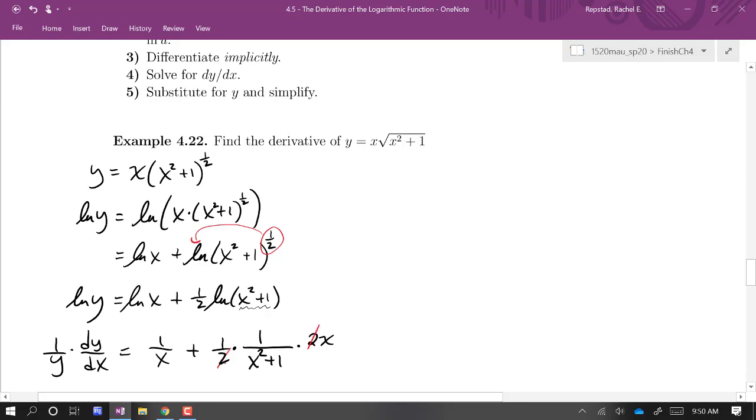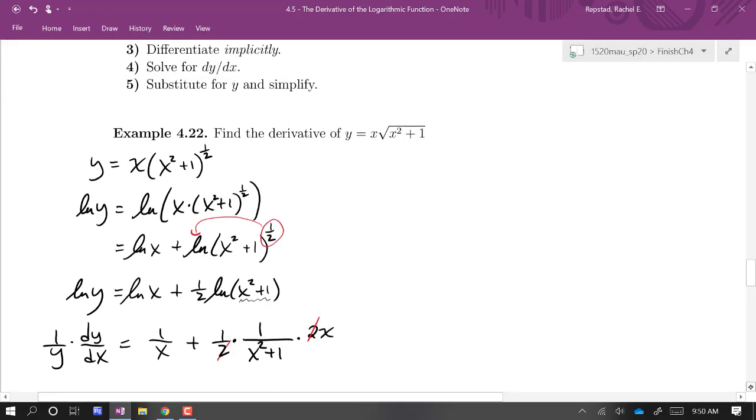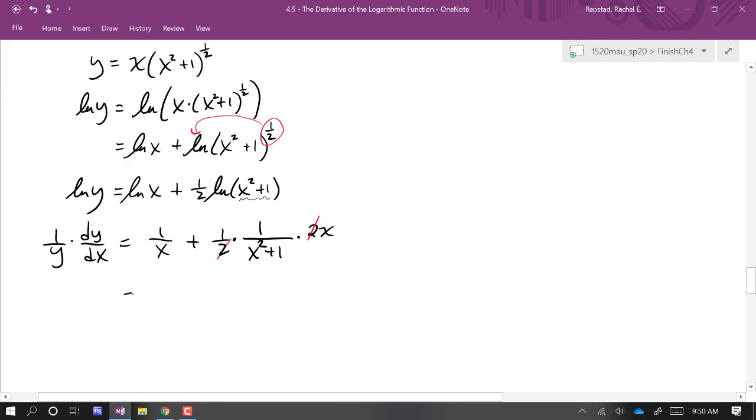Cancel those 2's. So 1 over x plus x over x squared plus 1. And this is all 1 over y times dy dx.